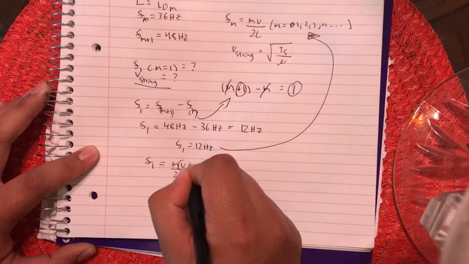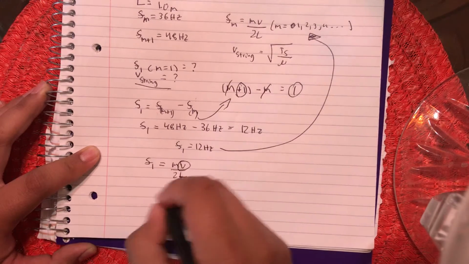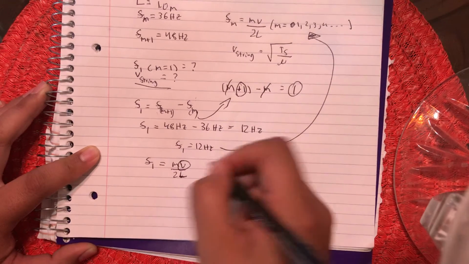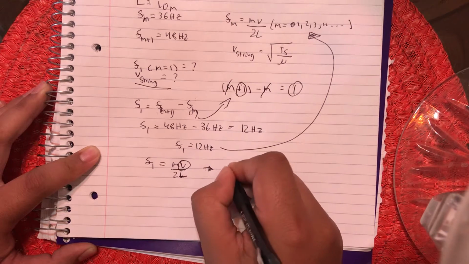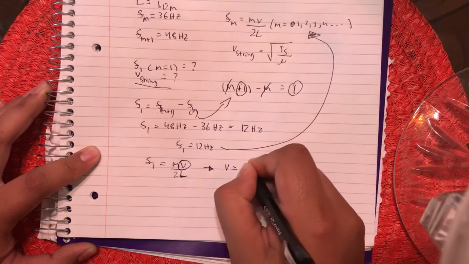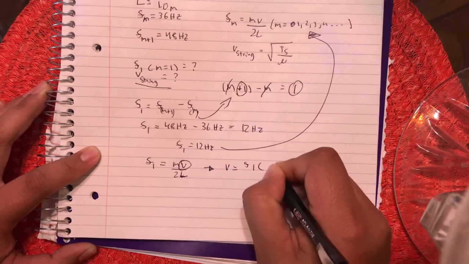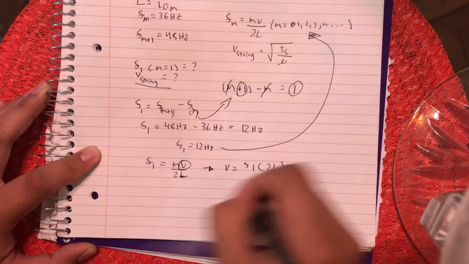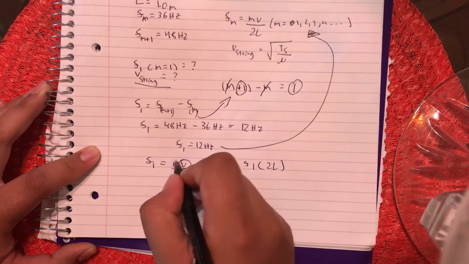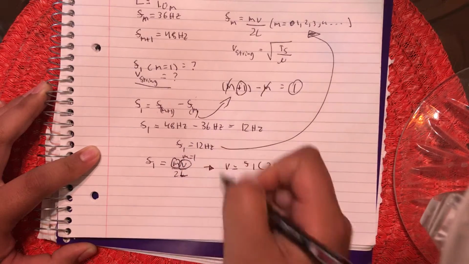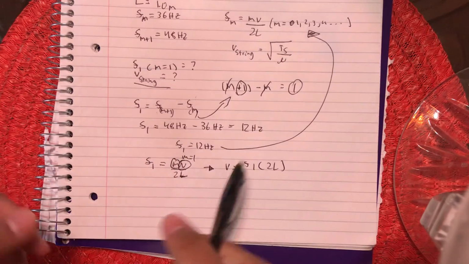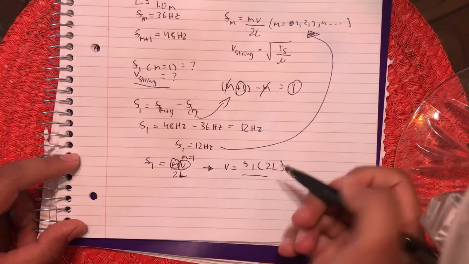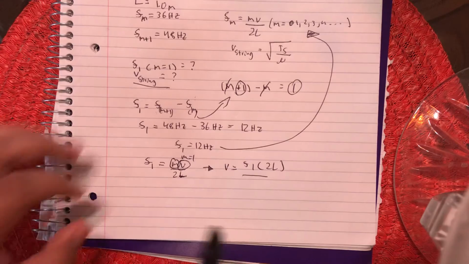Since we're looking for the wave speed, we're going to rearrange this equation to find the wave speed. Once we rearrange everything, the wave speed is equal to f of 1 times 2l. Since m equals 1, we multiply this part by 1, so that's where the m goes.